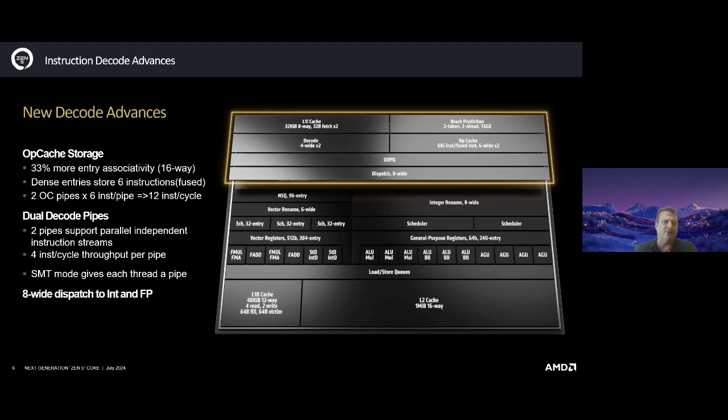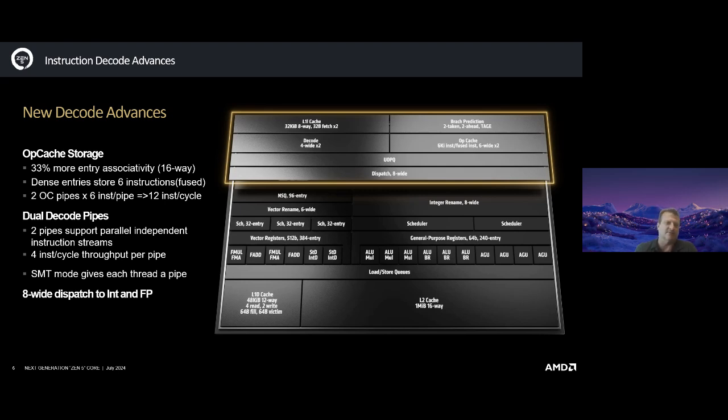Coming back over to decode, we have the two pipes of decode. So as we're feeding the two streams out of the iCache, we're decoding them in parallel. Each pipe can do 4 instructions per cycle. And then when we switch into SMT mode, we actually give each pipe to each thread. So then they can have a whole pipe dedicated to them, less interference with the other thread as we're trying to, again, stream into this 8-wide interface.